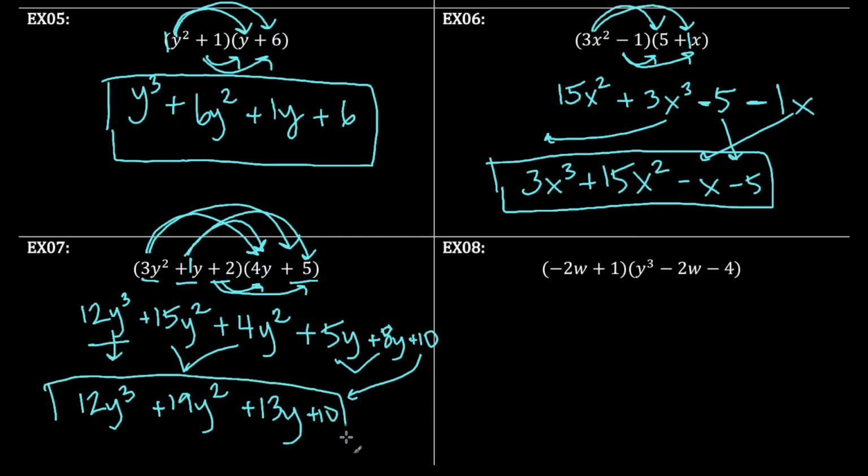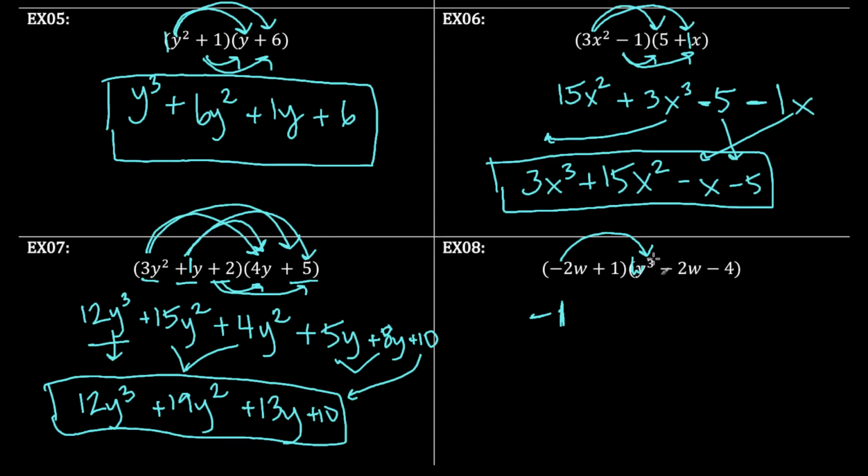And we have one more. So a negative times a positive is a negative. 2, this should be a w, by the way. So negative times a positive is a negative. 2 times 1 is 1.